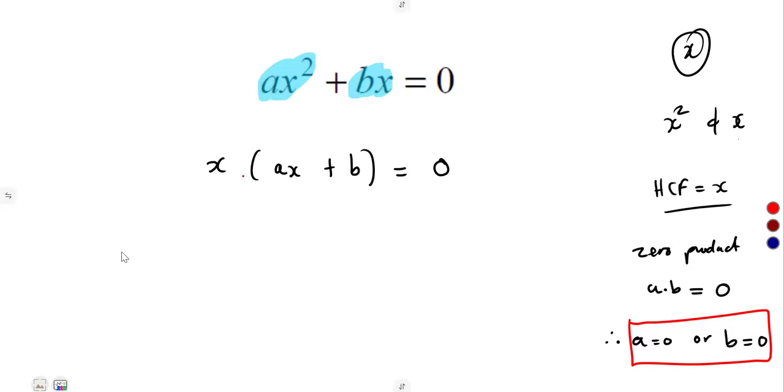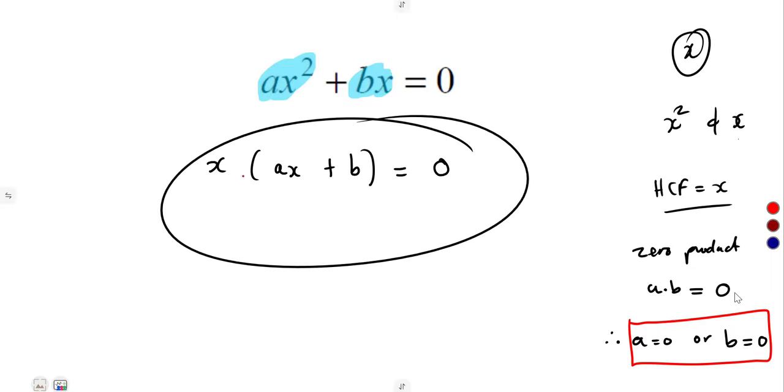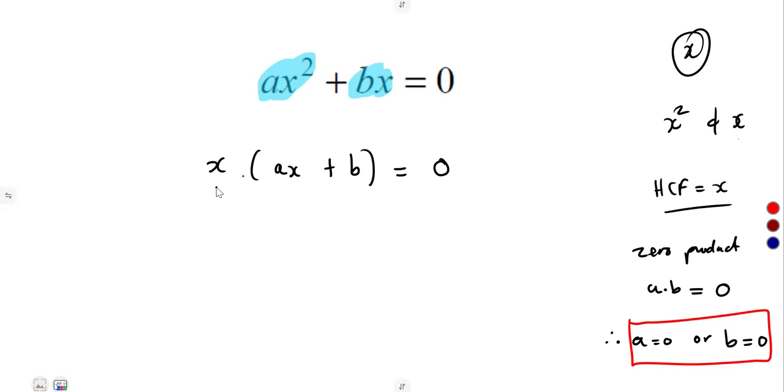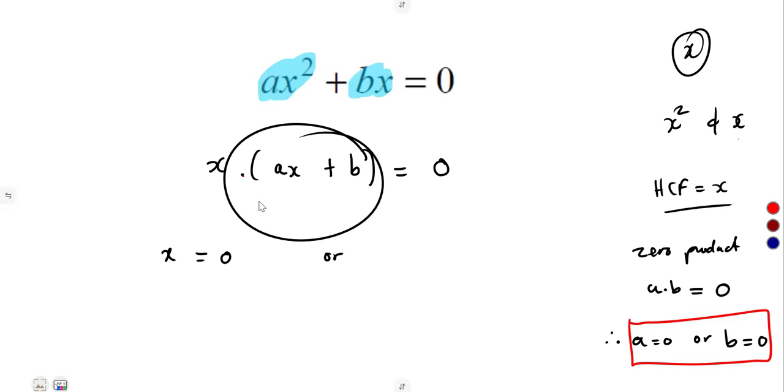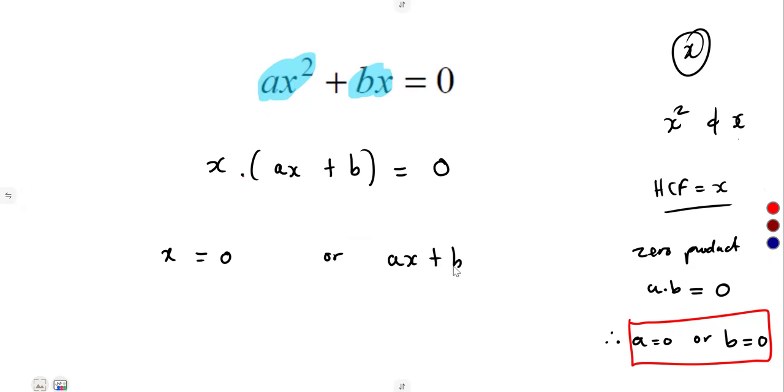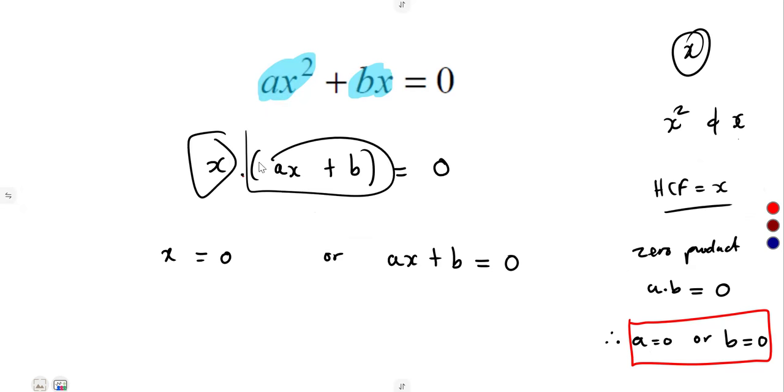So from this concept alone, x must be equal to 0, or the bracket represented by ax plus b must also be equal to 0. What is under the product? It's x and the bracket.